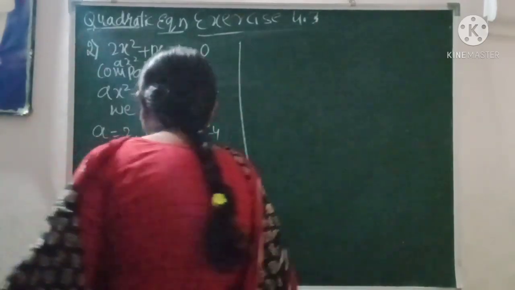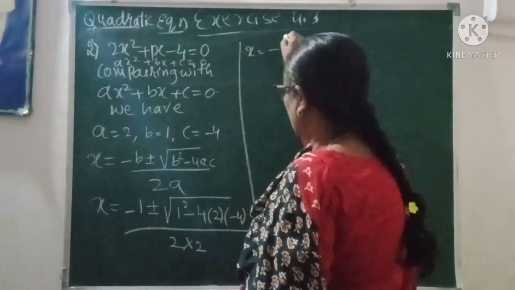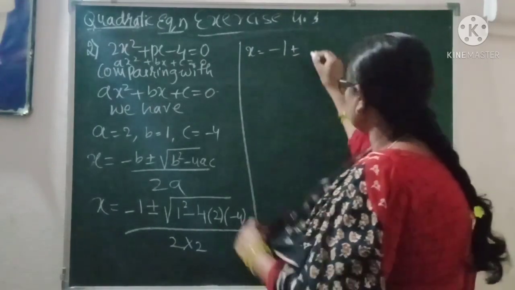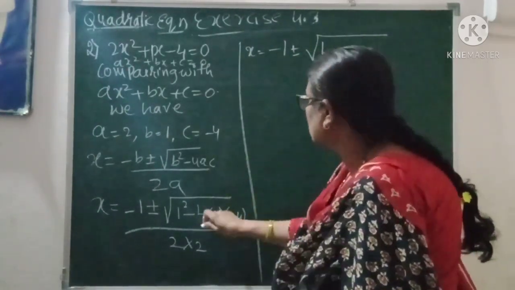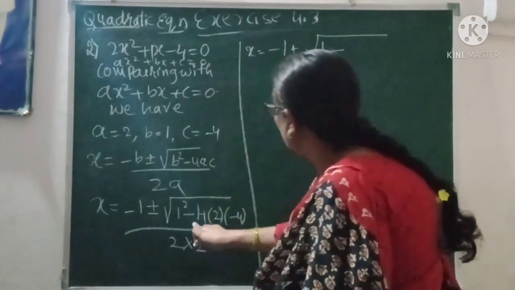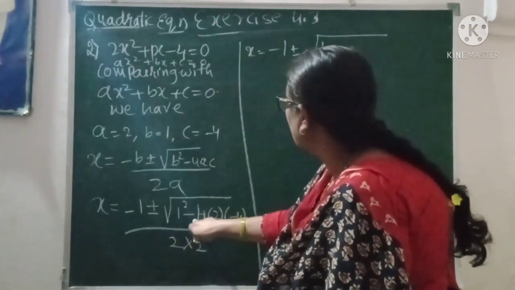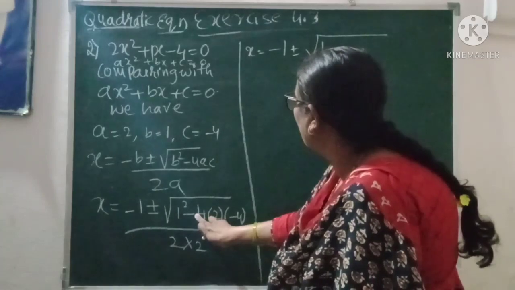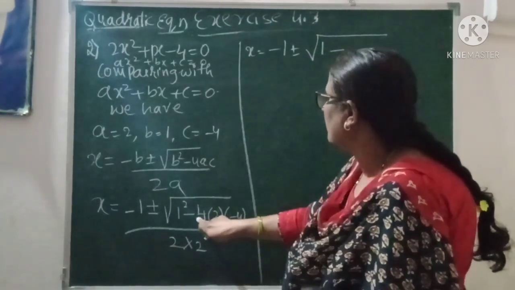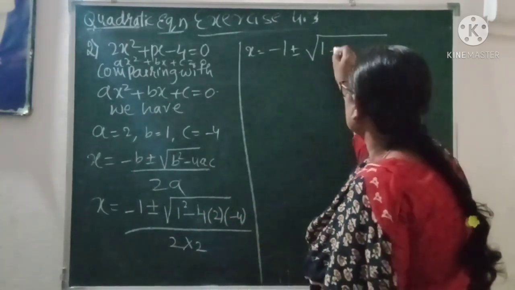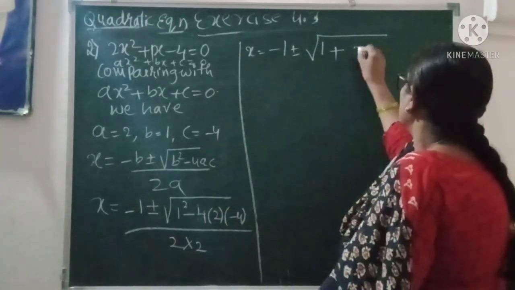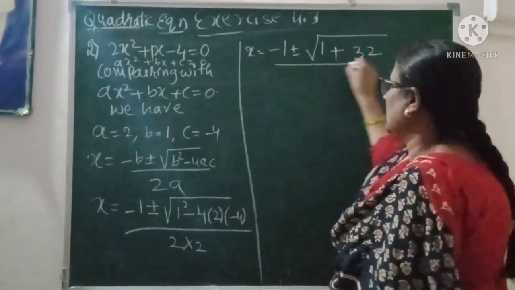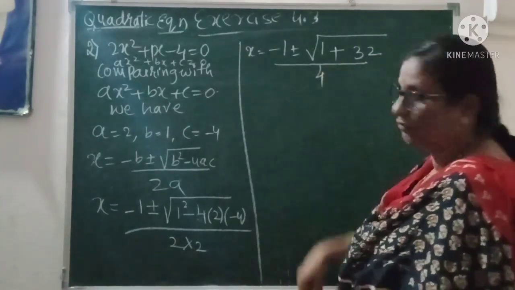Now look at this one, x equals minus 1 plus or minus square root of 1 square is 1, minus 4 into a into c. Minus into minus becomes plus. 4 twos are 8, 8 fours are 32, divided by 2 into 2, which is 4.